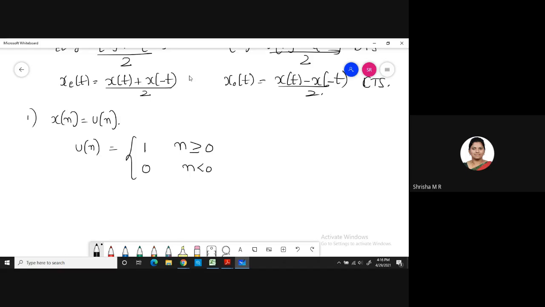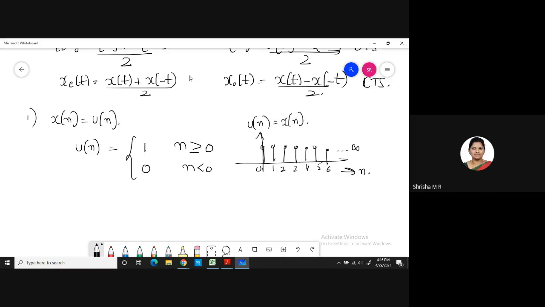So how will your u of n look? It will be amplitude 1 from 0 up to infinity. This is n axis. This is u of n, which is equal to x of n.